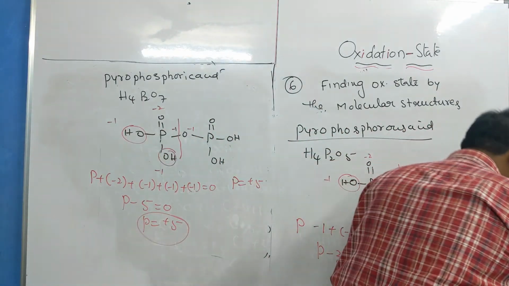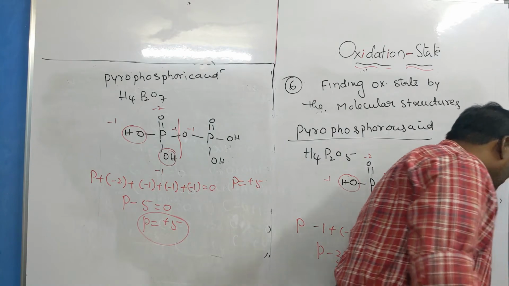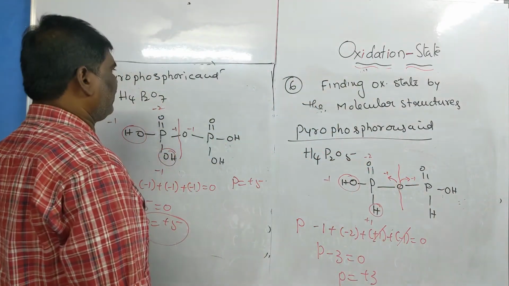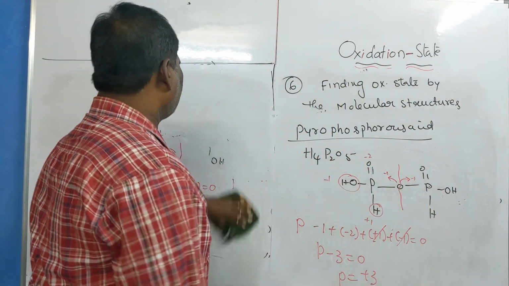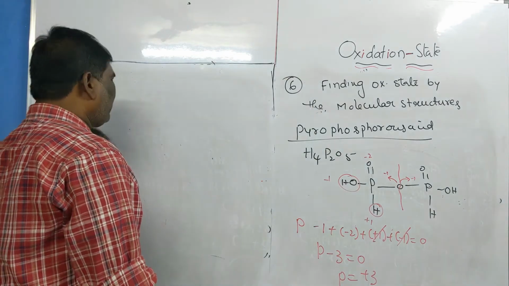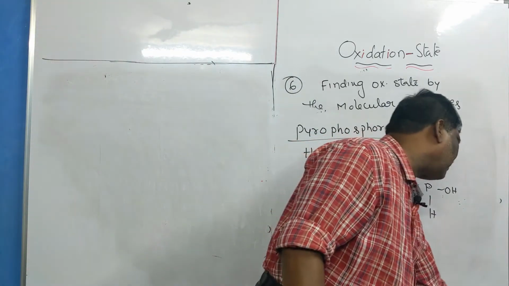Now we are going to discuss the oxo acids of sulfur. What are the oxo acids of sulfur? How can we calculate oxidation states of sulfur?